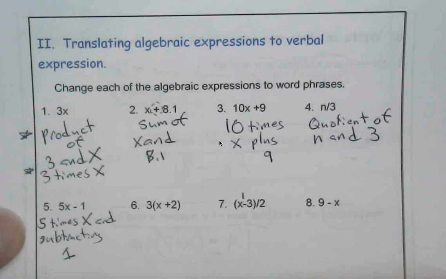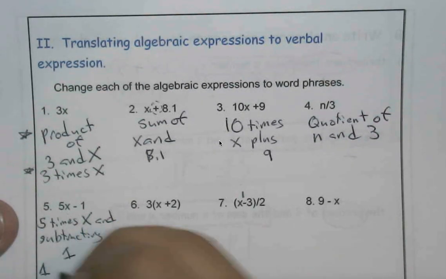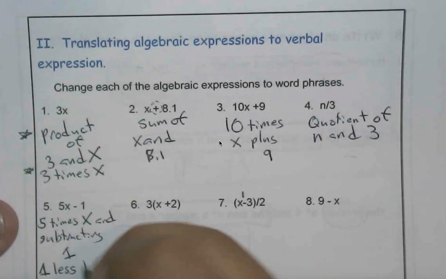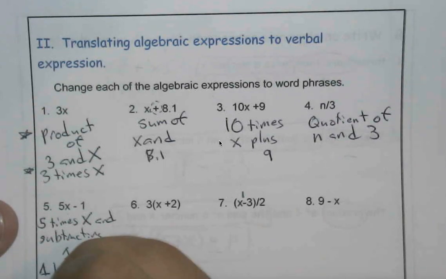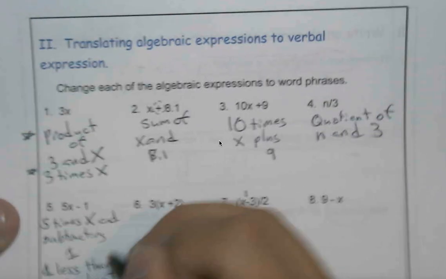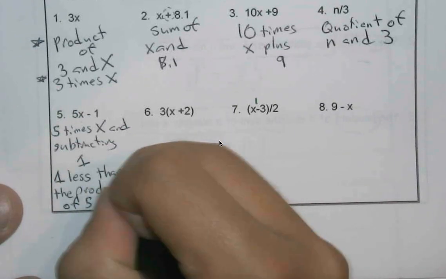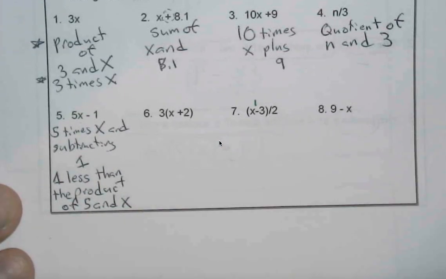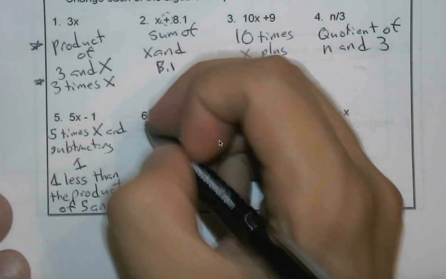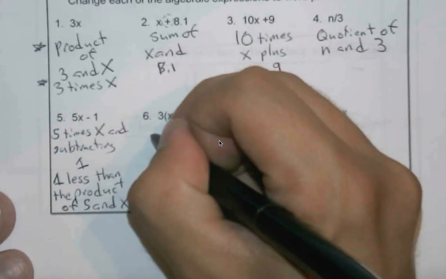You could also say it's 1 less than the product of 5 and x.